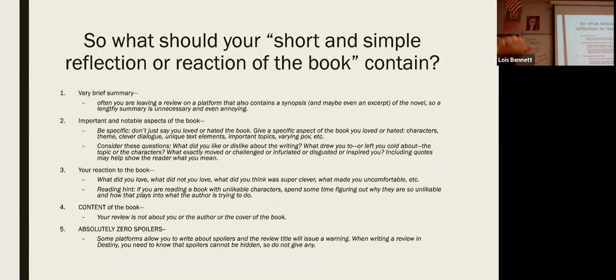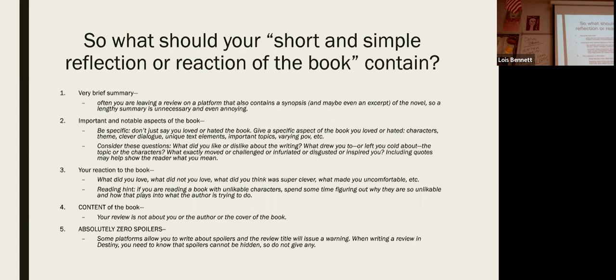Trying to think what else. Varying points of view. A lot of people will comment on that if it's something that they appreciated or didn't appreciate about it. So when you talk about what you liked or didn't like, this is the type of specific stuff you bring up, so that the person reading your review knows, if I don't like books with varying points of view, then I'm probably not going to want to read this one.